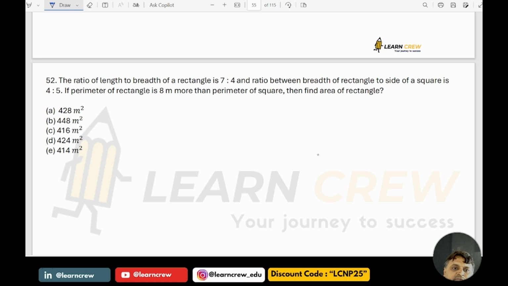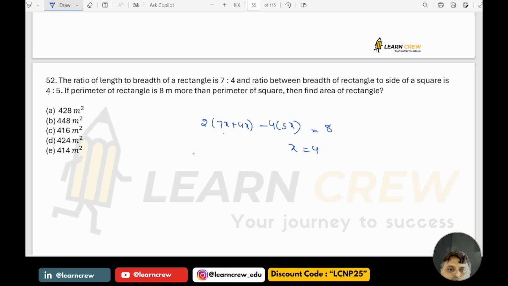If the perimeter of the rectangle is 8 more than the perimeter of the square, so 2 into (7x plus 4x) minus perimeter of square 4 into 5x, because length to breadth is 7:4 and breadth to side of square is 4:5. So 7x, 4x and 5x, and this difference is given as 8. So I got 22x minus 20x, 2x is 8, so x is 4 meters.